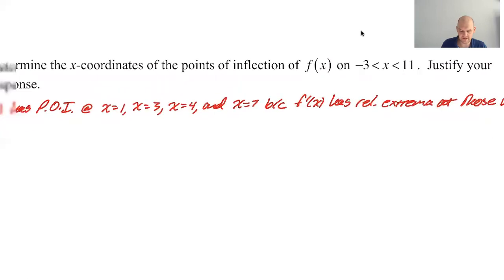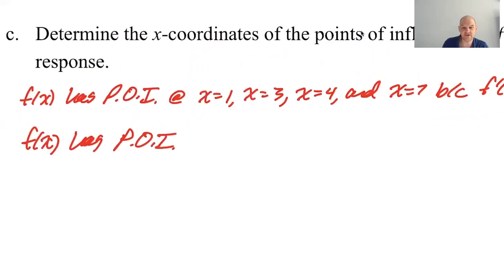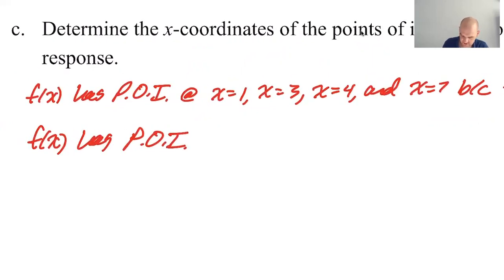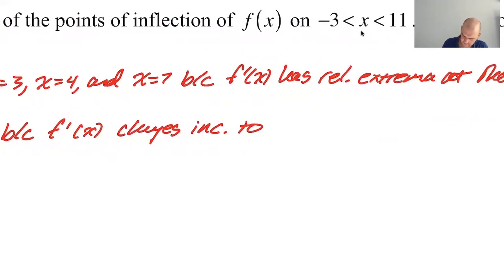And then at x equals 9, by the way, I could have used this explanation for all of them, but I just wanted to illustrate different explanations. At x equals 9, because f prime of x changes from increasing to decreasing.